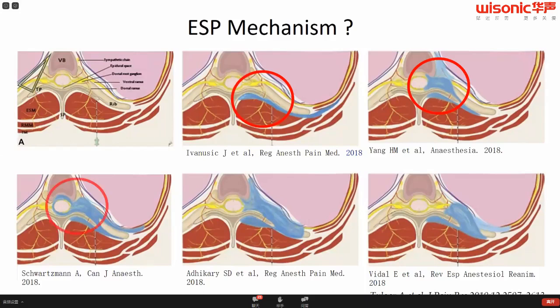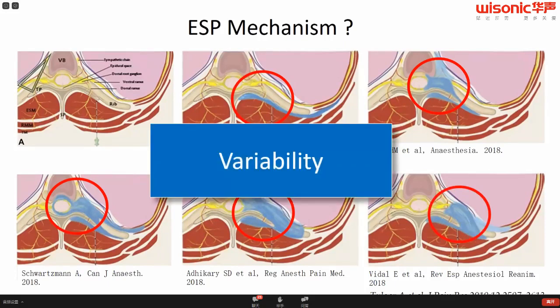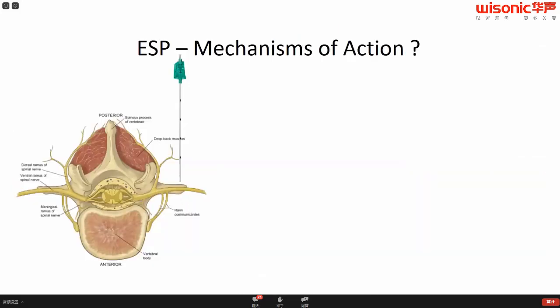Here also, this was the Schwarzman study, they found spread of local anesthetic around the spinal cord and in the spinal nerve. In this study also, local anesthetic was found in the paravertebral space and the intercostal space, and also in this study. But you can see there is a high variability regarding the spread of local anesthetic when you do an erector spinae plane block.